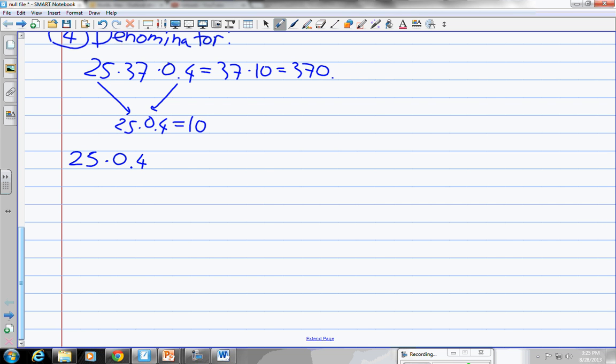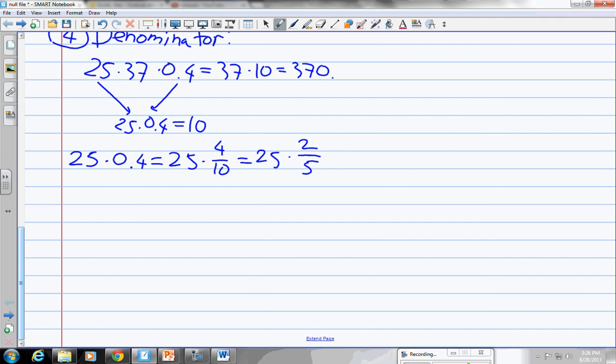But 0.4 as a decimal, can you rewrite it as a fraction? As something over something? You can always write it as 4 over 10, right? 0.4 is 4 over 10. And that reduces to 2 over 5, right? 4/10, both multiples of 2.